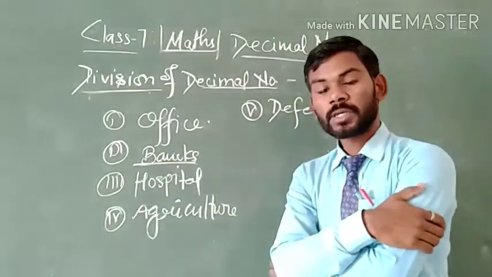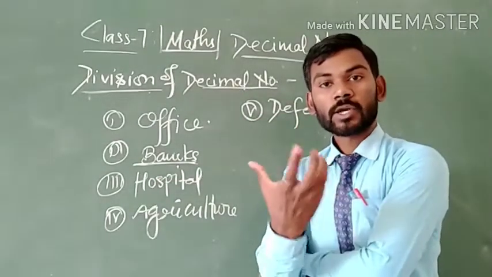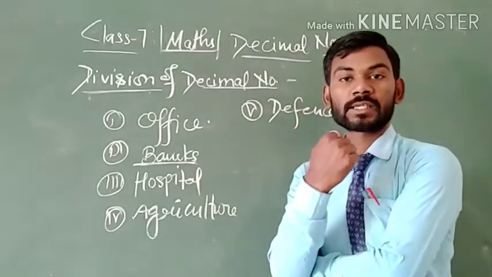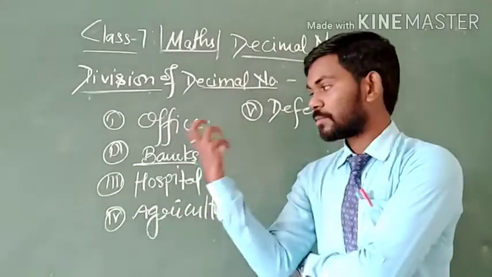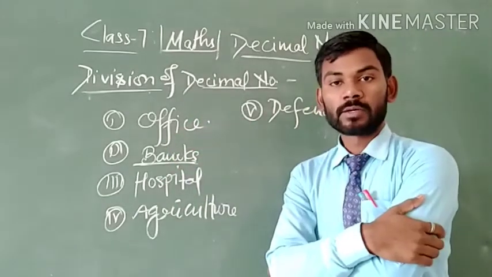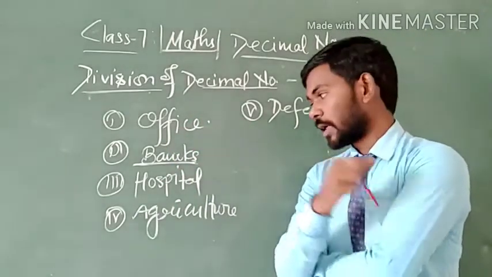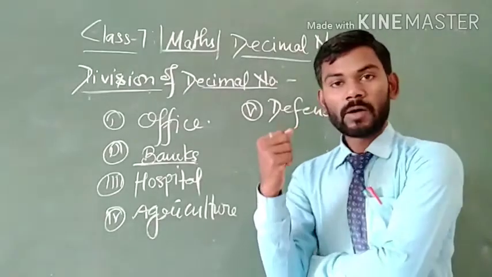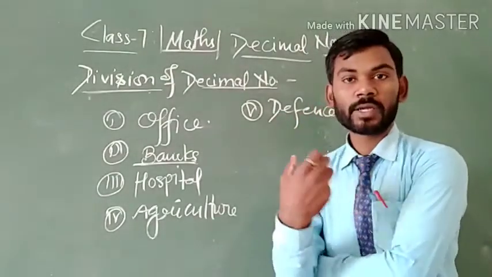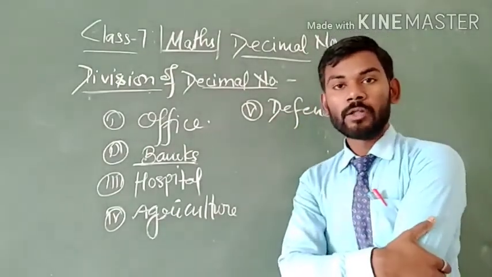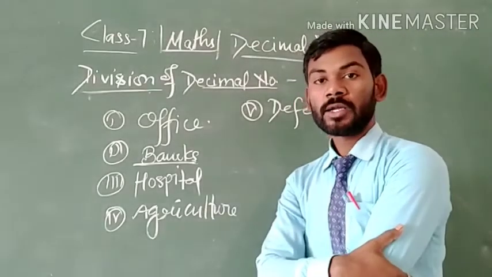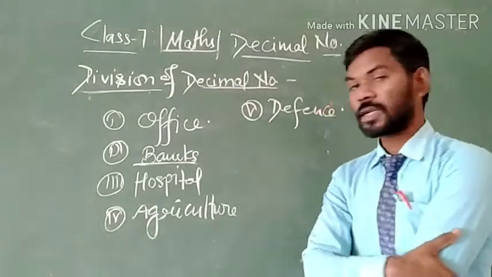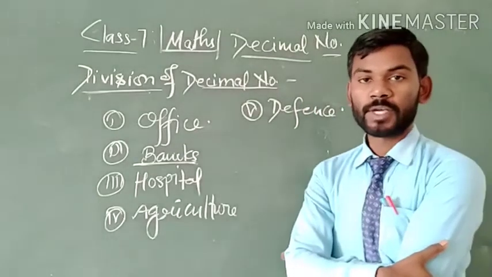Similarly, it is used in a hospital. Sometimes in the hospitals, the dose of medicine and injections are all measured with the concept of decimal number. Our blood pressure, heartbeat, and various biological activities of the human body are all measured in reference to decimal.